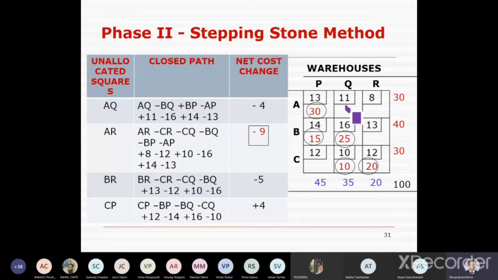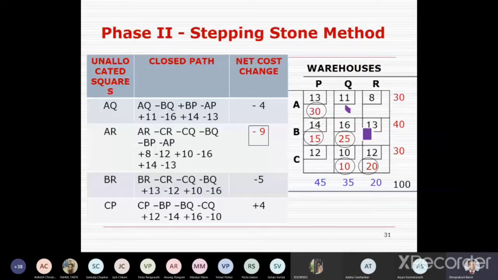Use only horizontal and vertical lines, and you can change the direction from horizontal to vertical or vertical to horizontal only at an allocated cell.